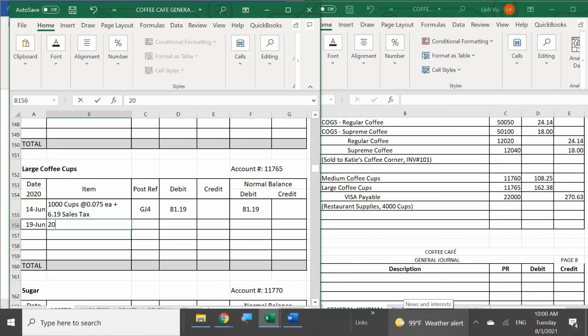We bought 2,000 cups at 0.7 each, plus $12.38 sales tax.